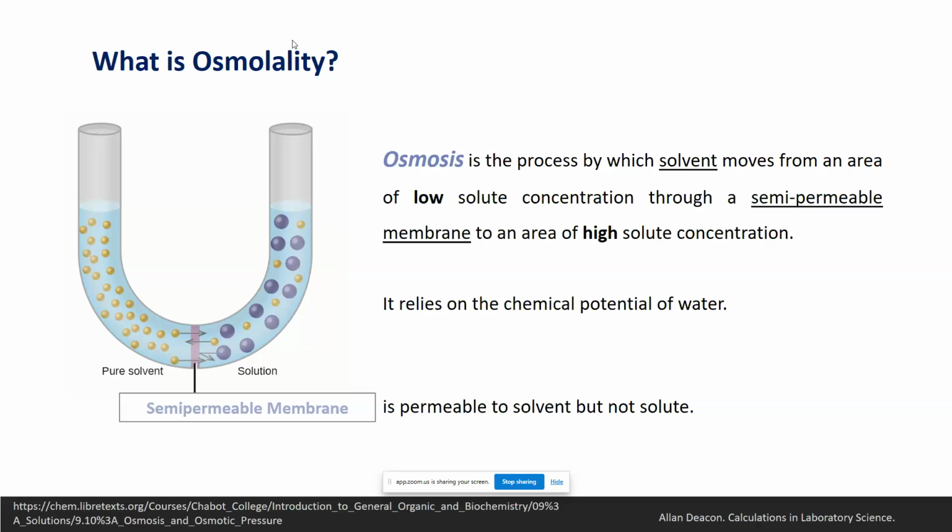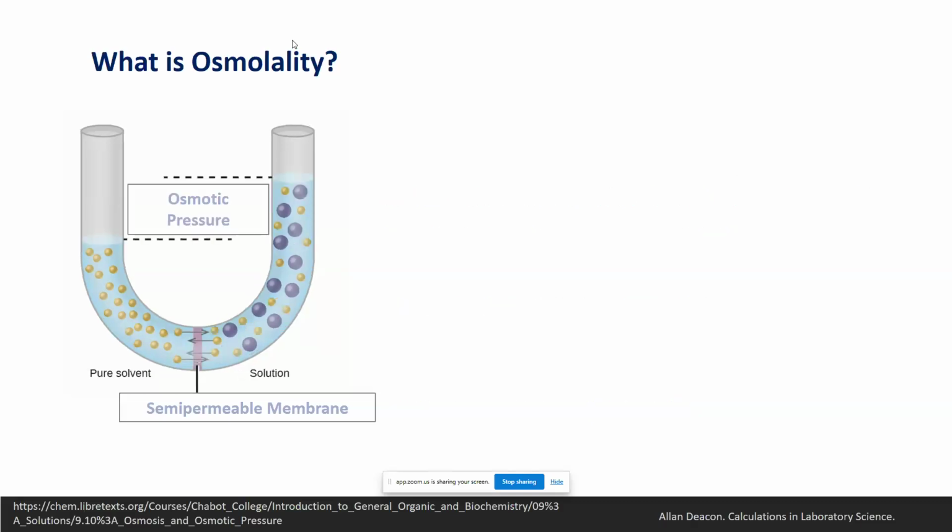Molecules such as sodium chloride, which can dissociate into two ionic particles, sodium and chloride ions, will have an osmolality of approximately twice that of an equimolar solution of a species like glucose, which does not dissociate into its constituent ions.